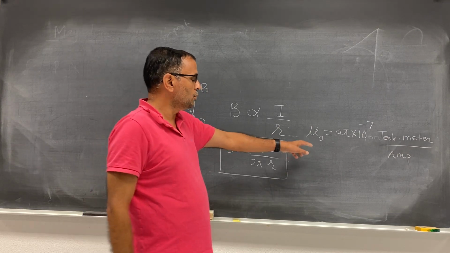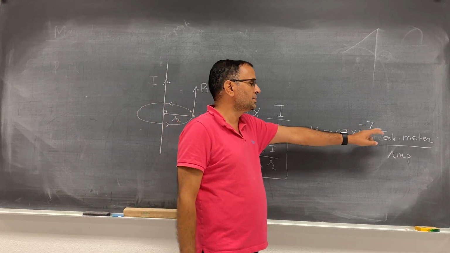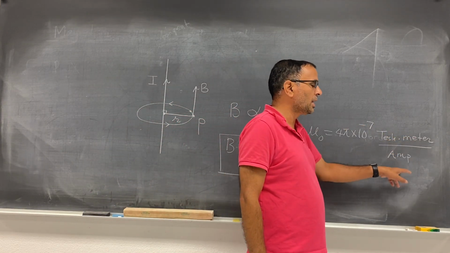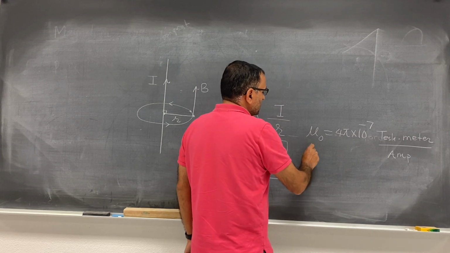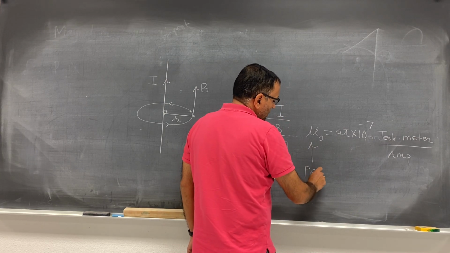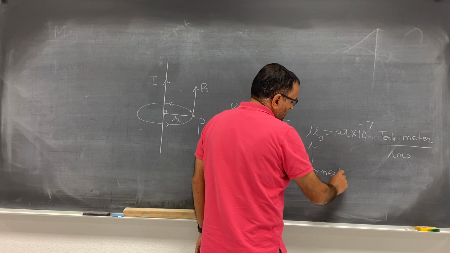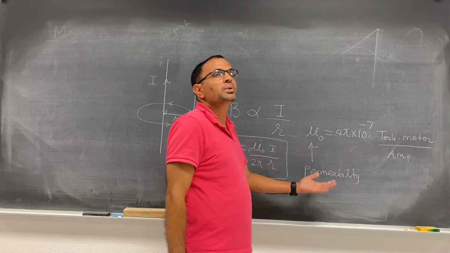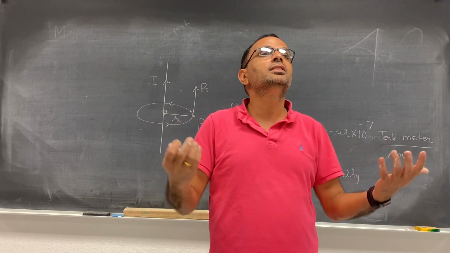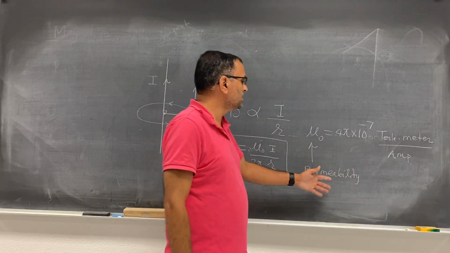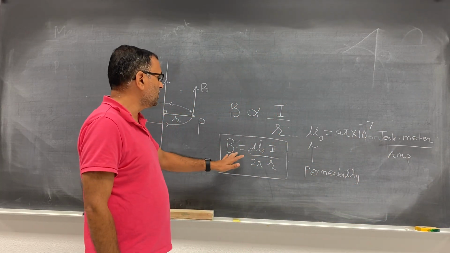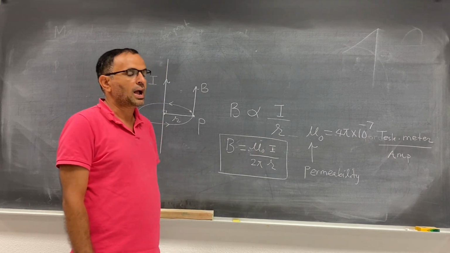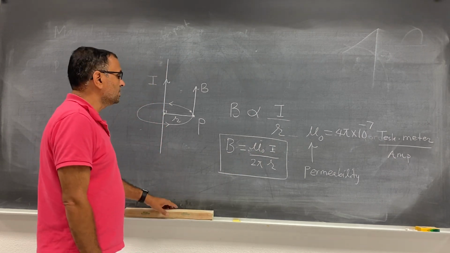And this is called the permeability of free space, or simply air also. So this is the formula: B equals mu naught I divided by 2 pi R. Okay, if you are interested.